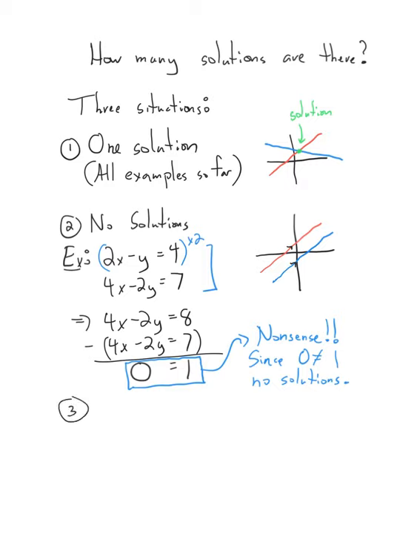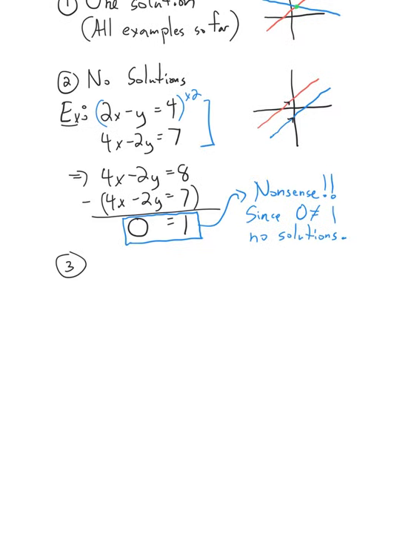And let's do the last one. The third scenario could be infinitely many solutions. Let me show you what that looks like geometrically. Again, we have some line here.